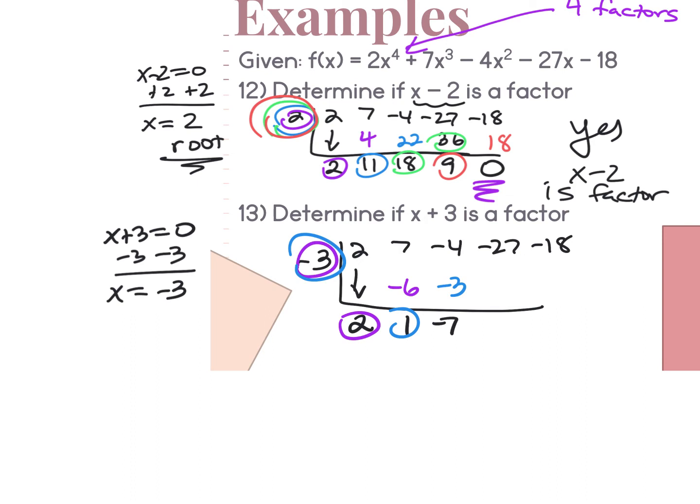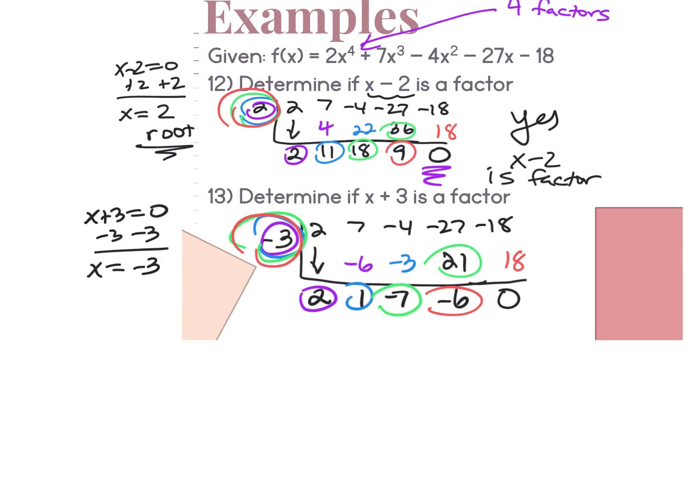I'm going to multiply. I get positive 21. I'm going to add the column. I get -6. I'm going to multiply one more time. I get positive 18. And again, I got a remainder of 0. So again, x plus 3 is a factor. This answer is yes.